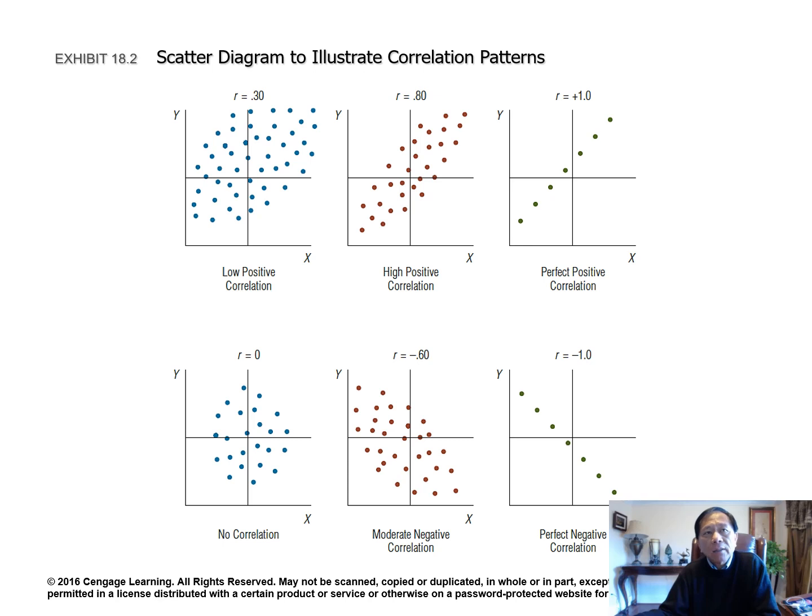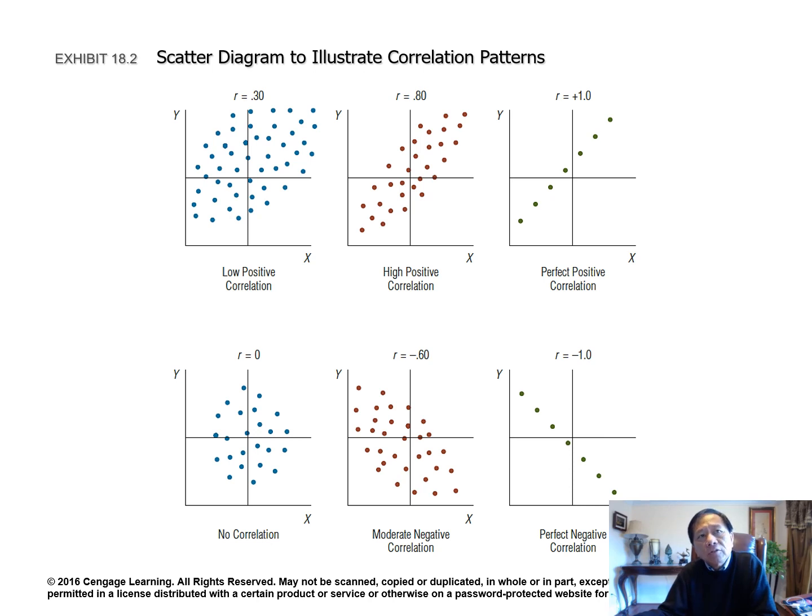So that's a higher, stronger correlation. We call it high positive correlation. This would be a low positive correlation. Low positive, high positive. And if it's 1.0, it's a perfect positive, meaning that all the dots are on the line.